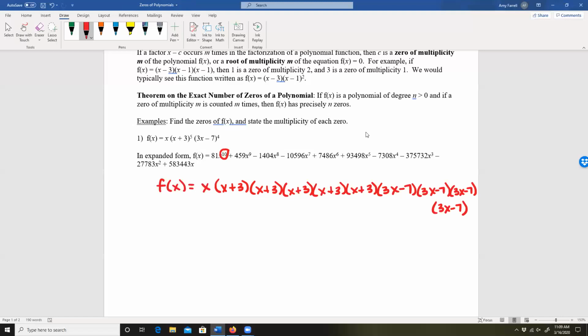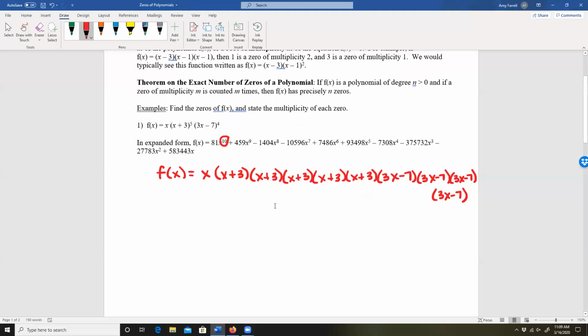So I'm expecting 10 zeros. Now, they don't have to be unique. I'm not going to get 10 unique zeros, but I'm going to get 10 zeros. I expanded it to try to explain what this theorem is saying.